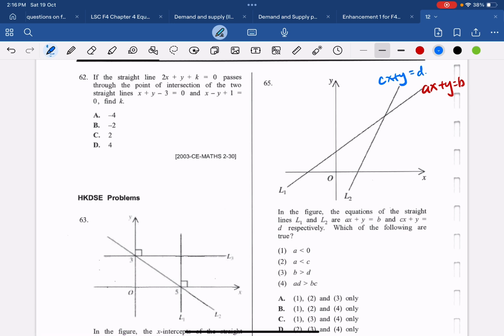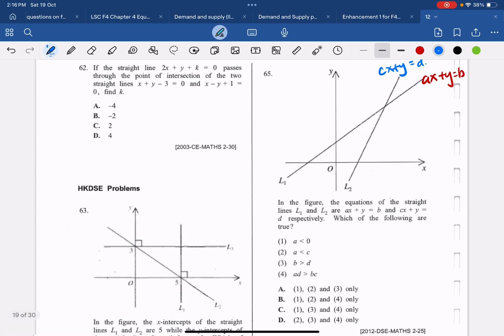So let's see. Again, compare the slope first. Slope of L1 would be negative a. 負 a 除 b 嘛，係咪 general form? And you know L1 is upward sloping. So negative a should be greater than 0, which means a should be more than 0. So 1 is correct.